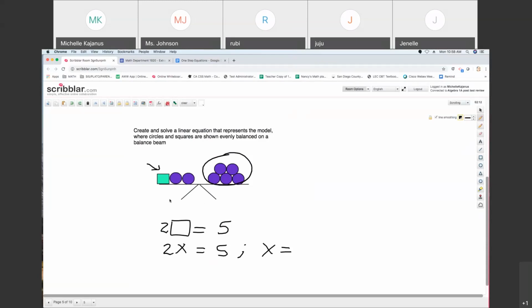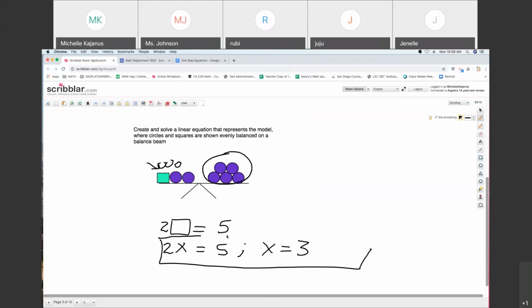You can solve this doing the steps that we're going to talk about in the next problem, or you can just see if I need 5 circles and I already have 2, I'm just missing 3 more. 1, 2, 3. So it matches what I have on the right. So my answer will look like that. I'm going to have the equation that I need to come up with, and I'm going to have a semicolon, and the answer is going to be on the right side.